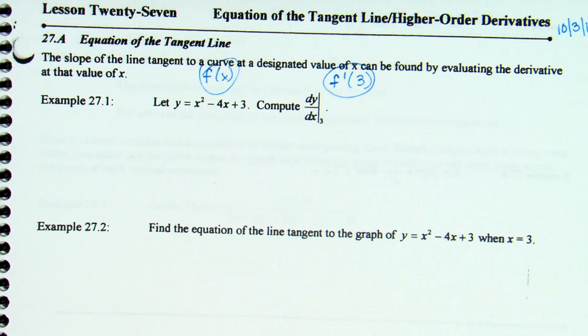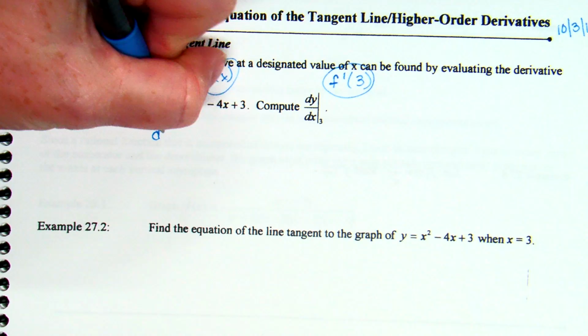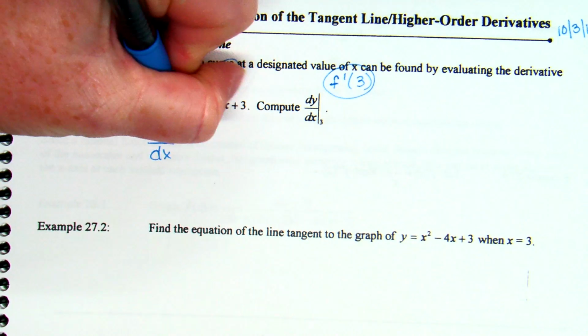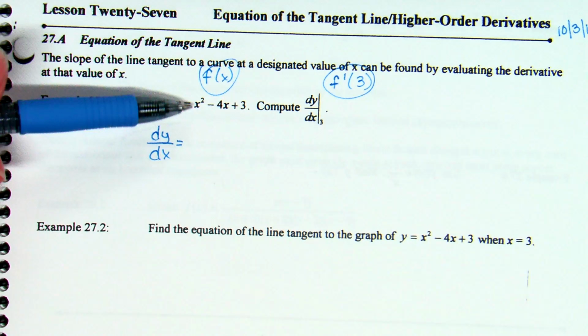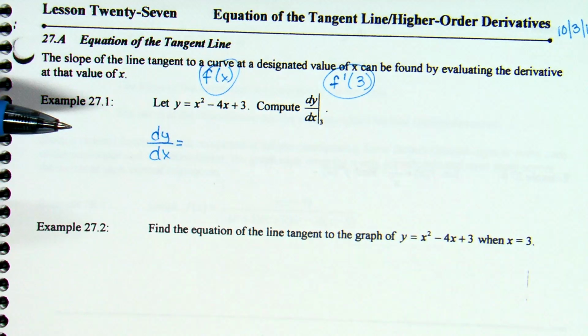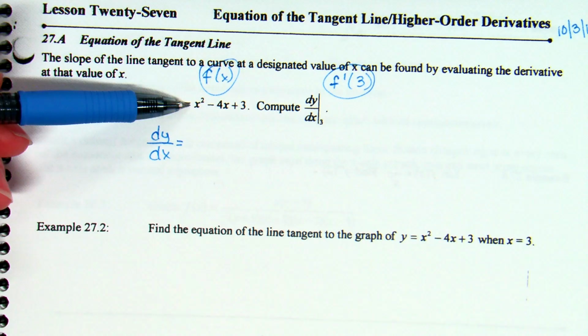So if y is x squared minus 4x plus 3, this is old news, derivative. I want to find dy dx, the derivative of y with respect to x. So what's the derivative of x squared? 2x, because you bring the 2 out front and subtract 1 from the exponent.